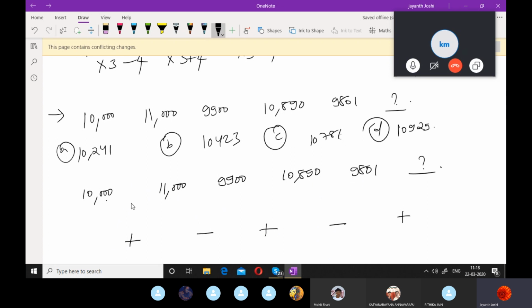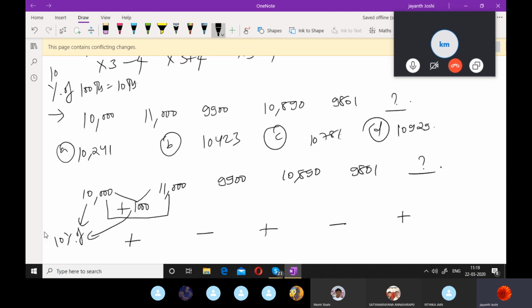Now second, what to add, what to subtract, let's see. 10,000 plus 1,000 is 11,000. Very simple. And this 1,000 is 10% of 10,000. See, 10% is nothing but 1 zero gets deducted. What is the 10% of 100 rupees? 10 rupees.